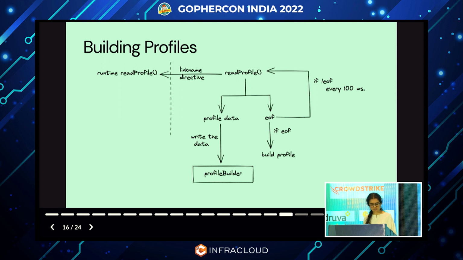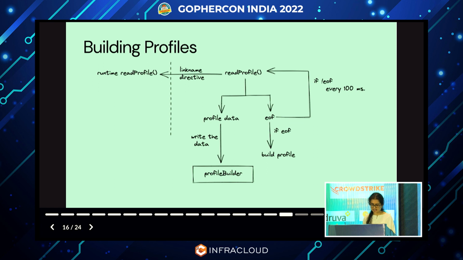Look at this directive just above readProfile. It's a linkname directive, and a linkname directive points to a method implementation in the runtime package. Basically an unexported method from the runtime. So this could be best described as a hacky fix or a workaround which lets a function access runtime internals, but it pretends it's a pprof function.